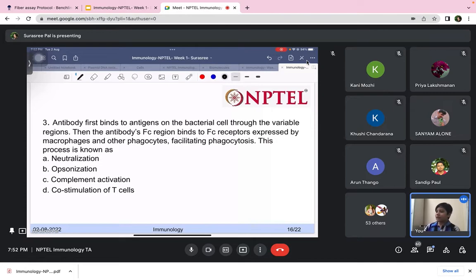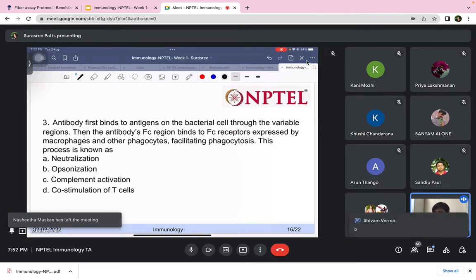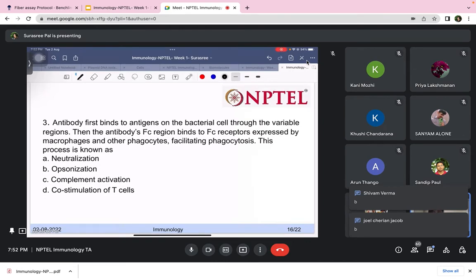Okay, so this is one question I've given for you. Antibody first binds to antigens on the bacterial cell through variable regions. Then the antibody's Fc region binds to Fc receptors expressed by the macrophages and other phagocytes, facilitating phagocytosis.